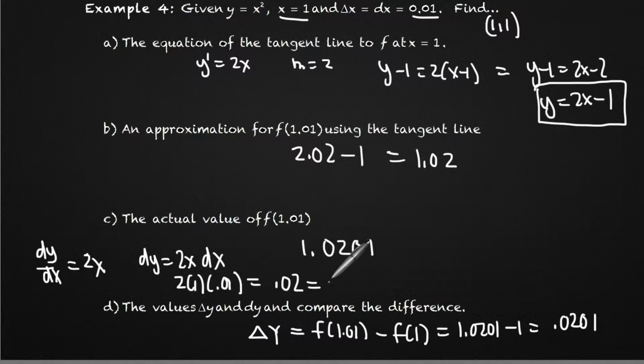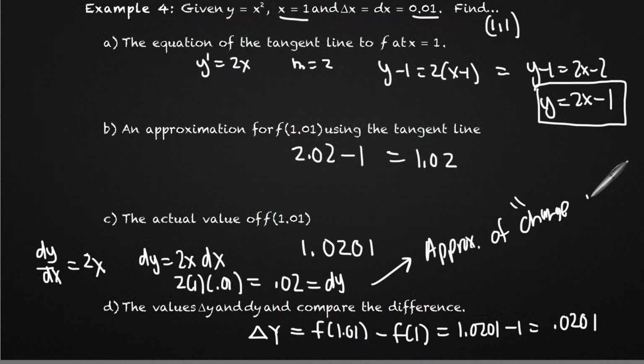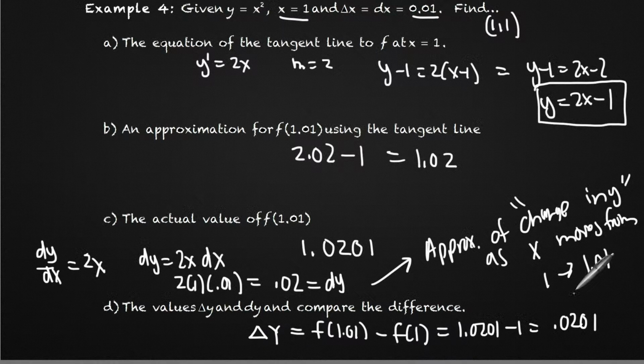So you can see that our dy, which is our approximation of the change in y as x moves from 1 to 1.01, is our approximation of how it will affect the y value. But this is the real change in y.